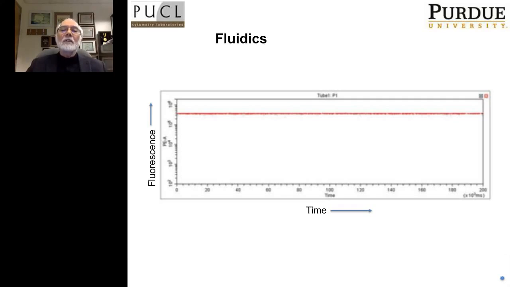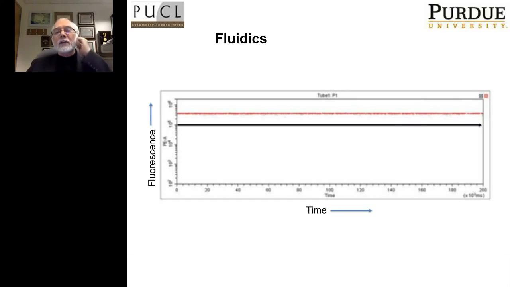So this histogram that I'm showing here shows the same thing. It's very hard to see, but this is a plot of fluorescence versus time. And I've drawn a line across the screen. The black line is a straight line that I drew, and the red line is the change in sample number, or fluorescence intensity in this case, of particles going through the system.